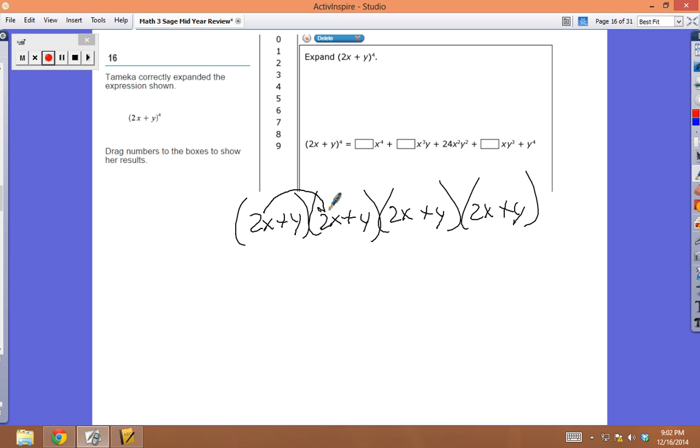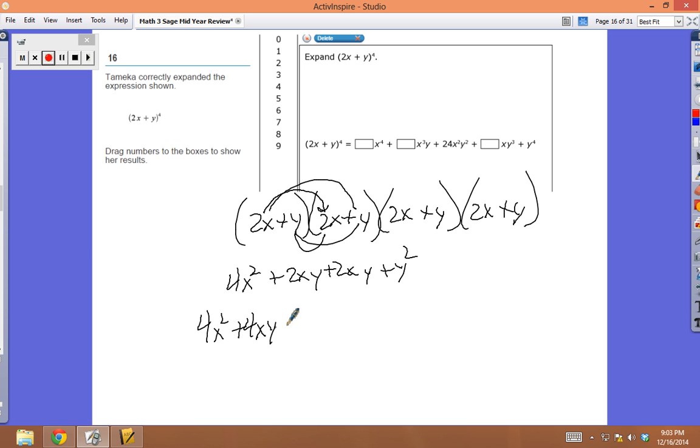So using the distributive property, that's going to be 4x squared plus 2xy plus 2xy plus y squared. Now combine these like terms. So it's going to be 4x squared plus 4xy plus y squared.